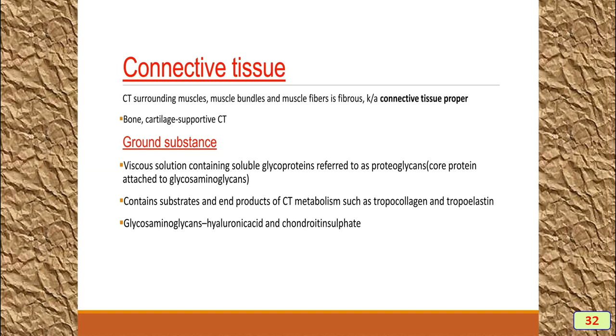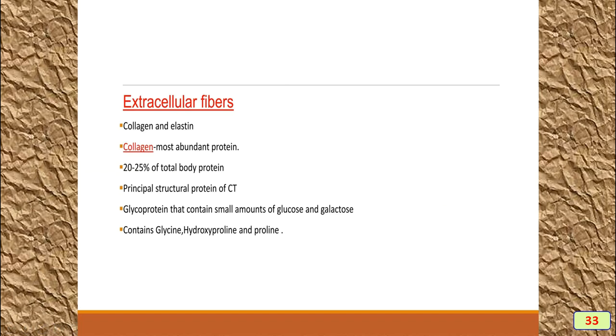Connective tissue surrounds muscle bundles and muscle fibers and is fibrous. For example, the connective tissue proper, bone, cartilage, supportive connective tissue, and ground substances contain the substrates and end products of connective tissue metabolism, such as tropocollagen and many more structures.